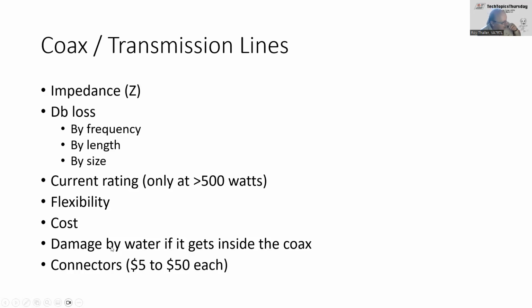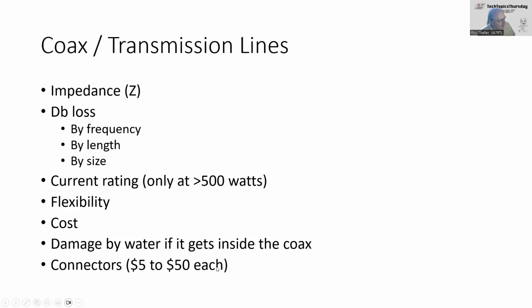And then also coax gets damaged if water gets into it. And it's usually the first 6 inches to a foot after the connector that gets damaged. So you want to water seal the connector. And then your connectors can range from $5 to $50 each.